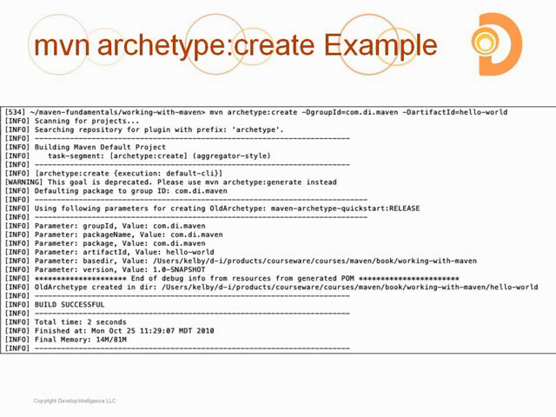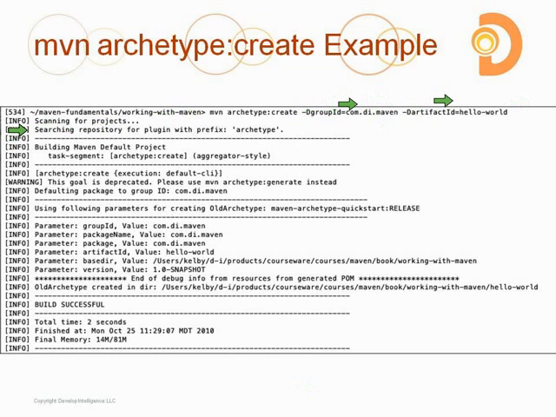Here's a very simple example using the Maven archetype create. I specify the group ID, just using DevelopIntelligence convention, and the artifact ID, just using the project name convention, Hello World. Everybody's got to do a Hello World project when they adopt a new technology, right? If we walk through this line by line, the first thing you'll see is that Maven is going to look for a plugin called archetype.